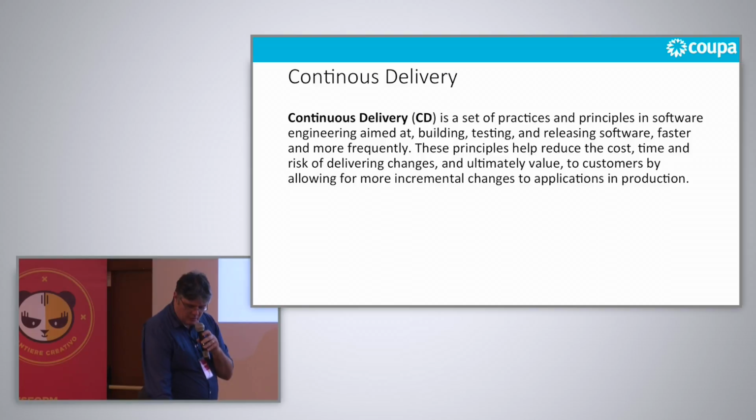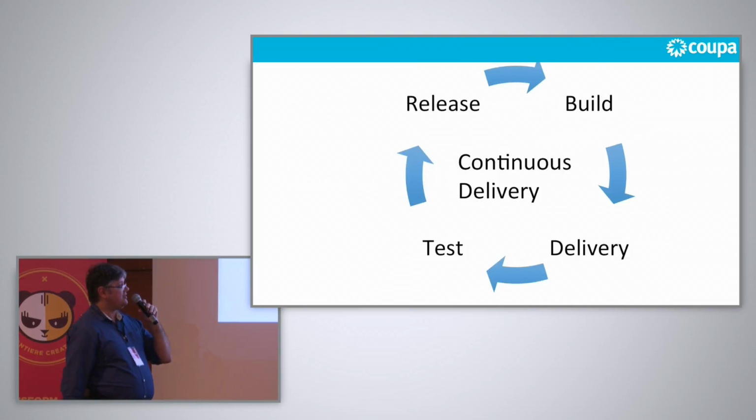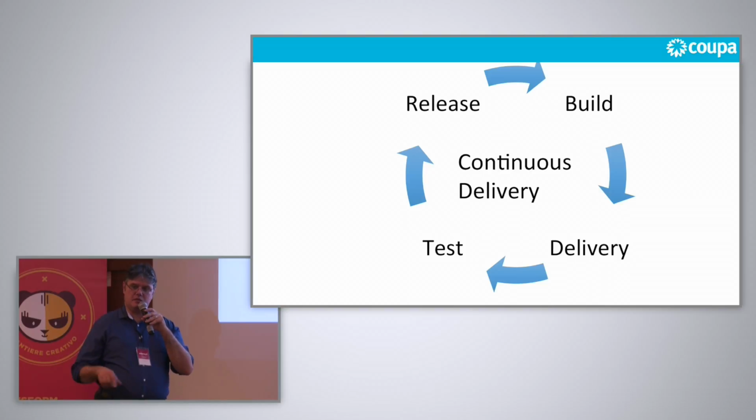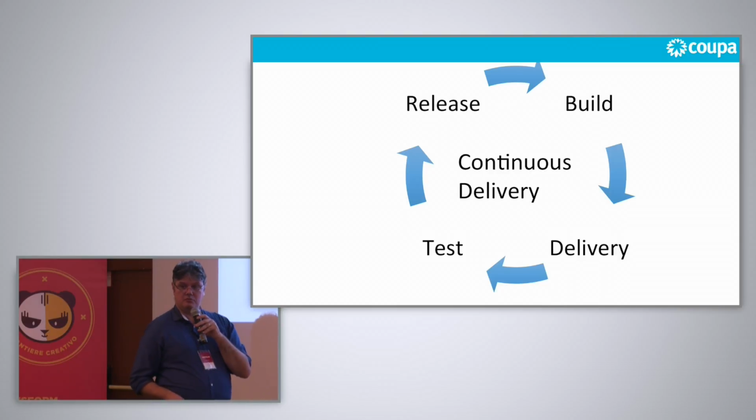The life cycle should be like that: building something, I deliver it, I test it, I release it. This is in a continuous way. I finish something, I build the software, I deliver it, I test, I release. This is done for every single commit you make in your repo, for example.